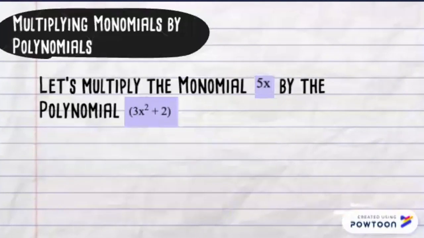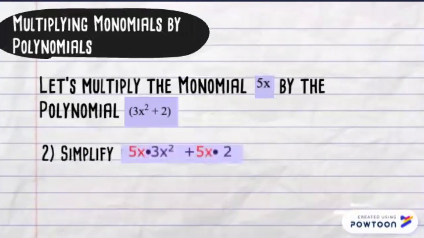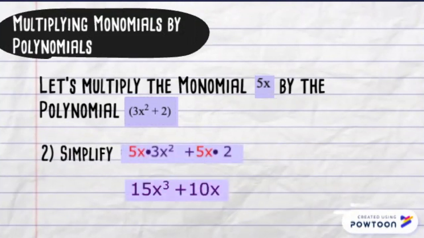The next step will be to simplify 5x times 3x squared plus 5x times 2. So 5x times 3x squared is 15x to the third power, and 5x times 2 is 10x. So you should end up with 15x to the third power plus 10x.